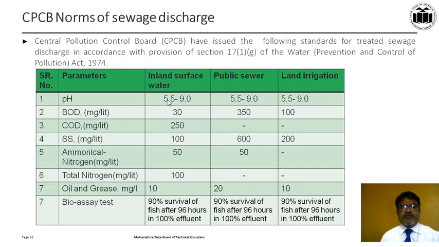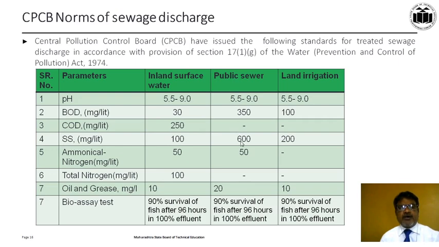For inland surface water, it should not be more than 30. For public sewer, it should not be more than 350. And for land irrigation, it should not be more than 100. Then COD, that is chemical oxygen demand. For inland surface water, it should not be more than 250. Similarly, suspended solids for inland surface water should not be more than 100.